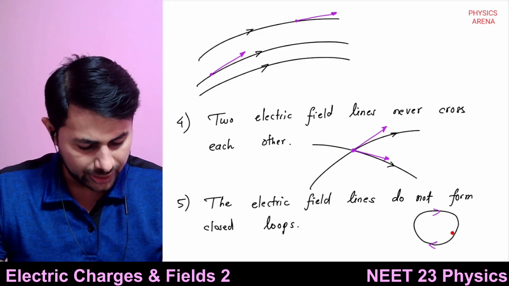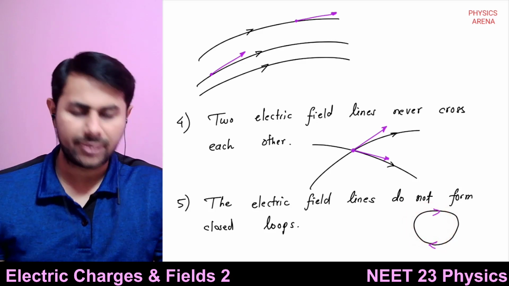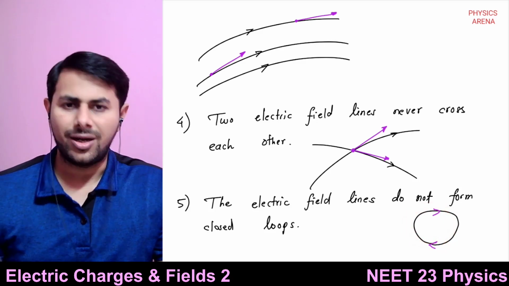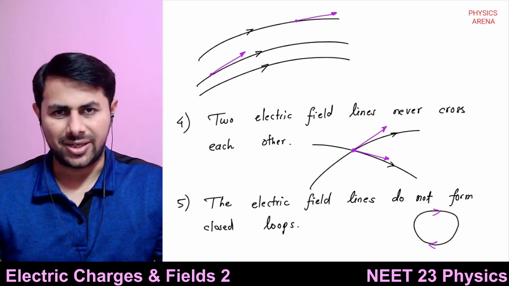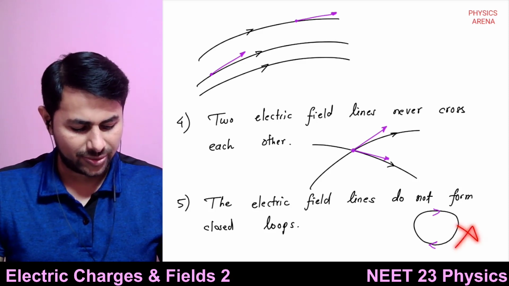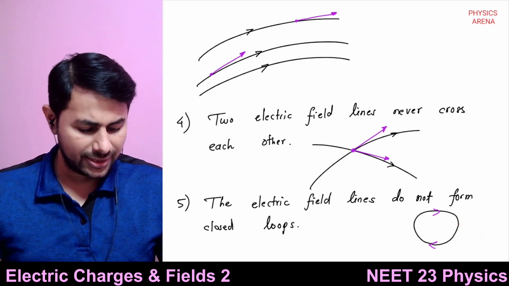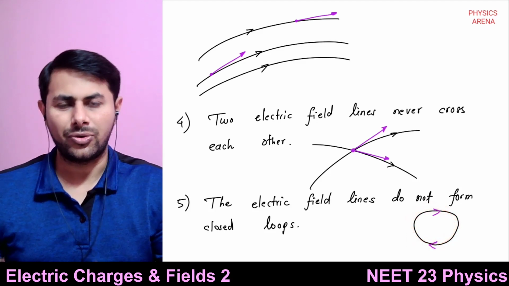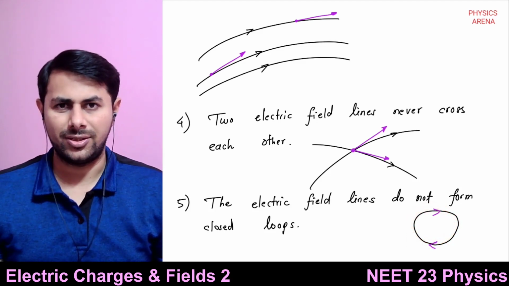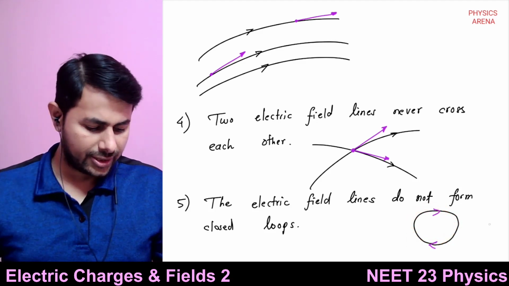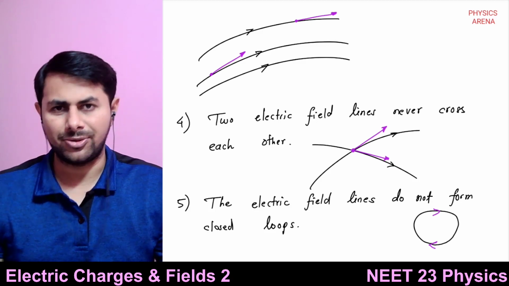Because here you don't know where these electric field lines are originating from and where they are ending. So this is not allowed. You cannot guess what the origin is. The origin would be some positive charge, and the end point would be some negative charge.